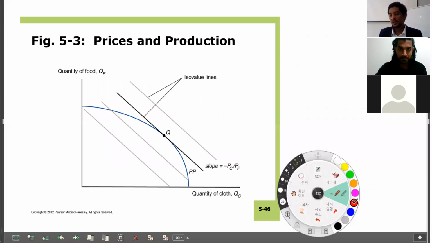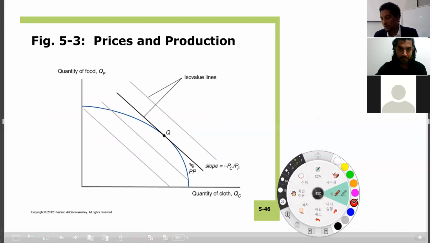So the graph of the production possibility frontier will be bowed or curved, and we can easily compute the slope of the production, okay? So if the production is here, this will be the slope. If the production is here, this will be the slope, right? Or if it is here, this will be the slope, which is tangent to the curve, okay?